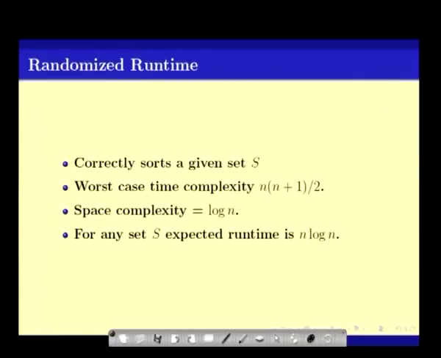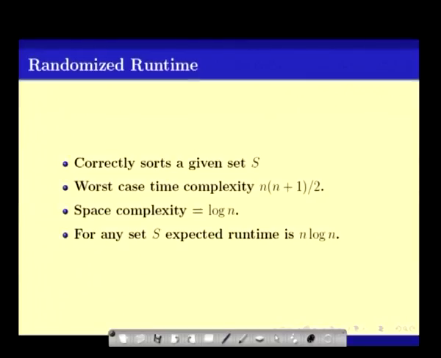What do I mean by the expected running time? For people who are familiar with probability, this is the expected running time where the expectation is taken over the random coin tosses. For people who are not familiar with probability, this is just the average running time over all possible sets S. So in some sense, most of the time the algorithm will stop only after n log n steps.